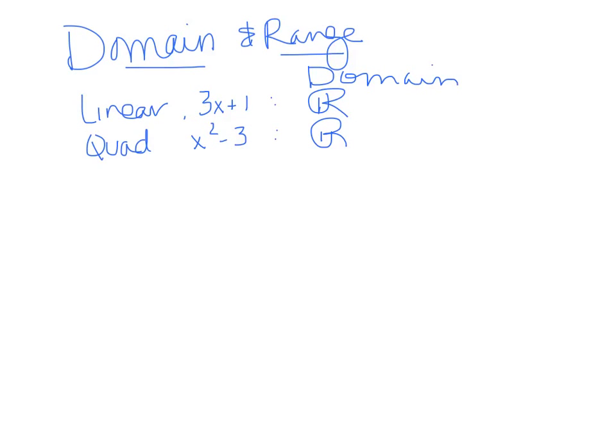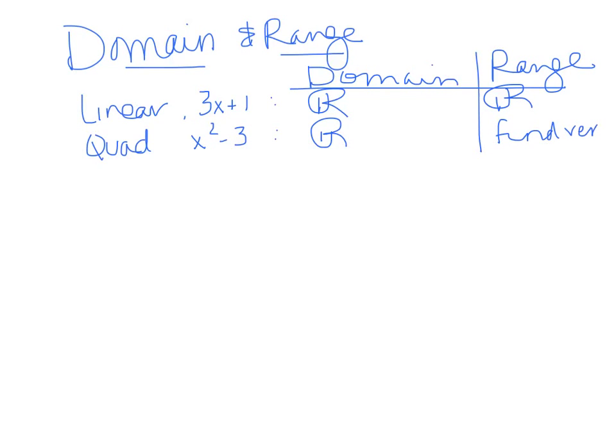And in the case of linear, the range would also be all real numbers. But for quadratics, we had to find the vertex and figure out that maximum or minimum y value. So it was a bit of work. So I want to go back to domain, though, and talk about something that's not linear or quadratic.